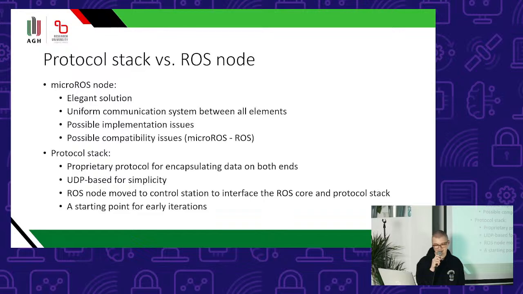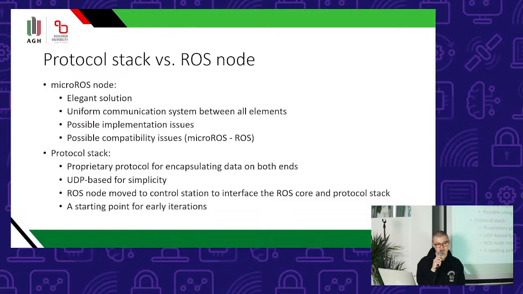On the other hand, we might have the protocol stack, which was our first idea. A similar approach was used in our previous projects. We just defined a packet format that we use for controlling our robots. So there was a module ID, some payload length, and the payload, which was dependent on the driver. And we have this protocol implemented on both sides, on the controlling software and on the embedded side.